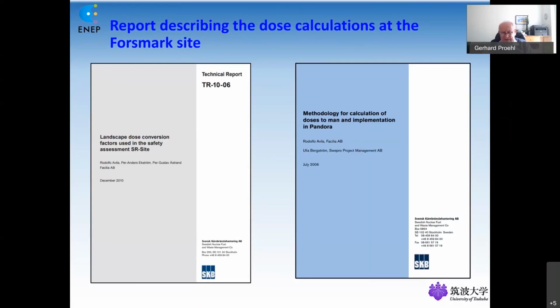It follows more or less similar approaches as we have discussed before. And for further interest, I would really like to refer to this one. It also includes the processes: irrigation, interception, root uptake, migration, etc.